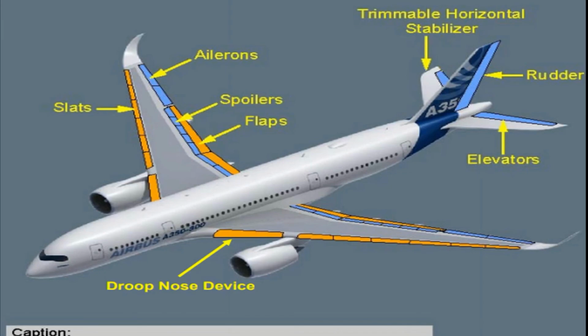These flaps are located on the trailing edge of the wing.